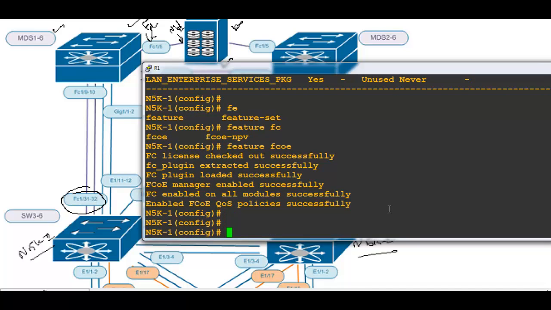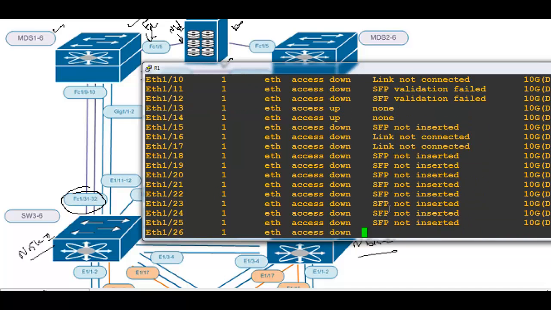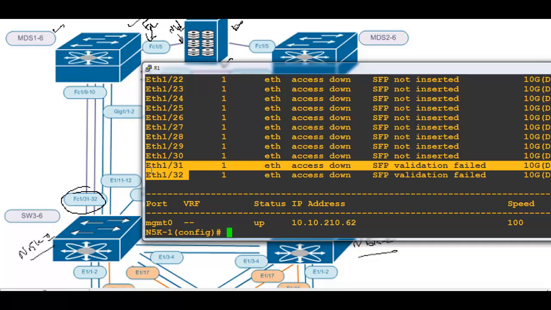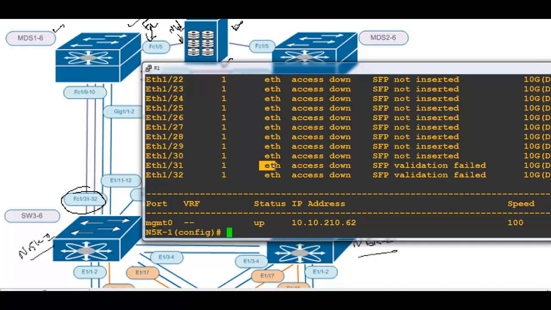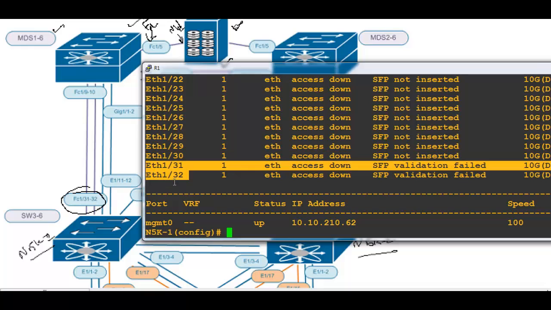Now let us see one more time the interface name, show interface brief. See, these are the two interfaces that I have given for FC, but still it is in Ethernet. I told you we need to give only from the top and go downwards. I want only two, and only two are given.